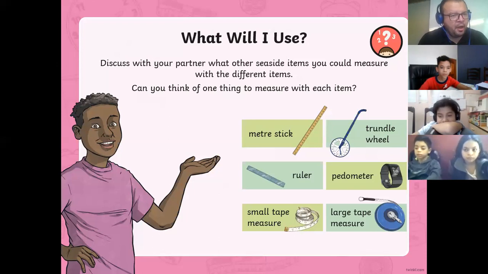How many heartbeats you have in a minute? How many heartbeats do you have in your heart? How many steps you make in one day?